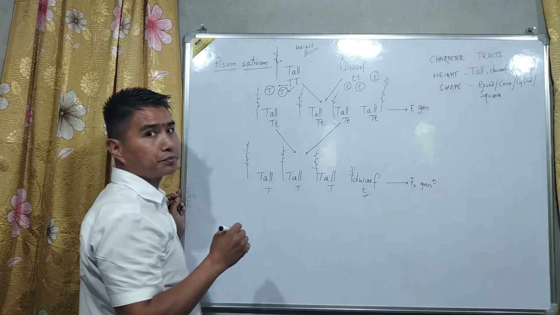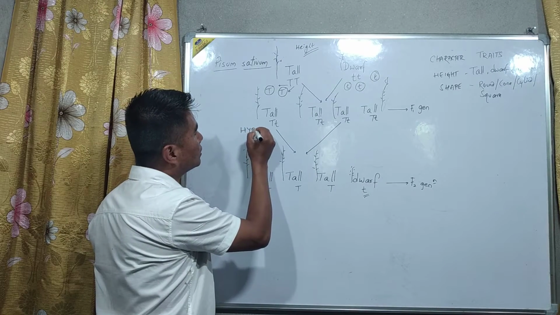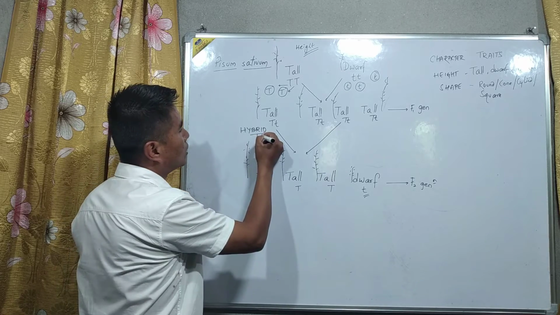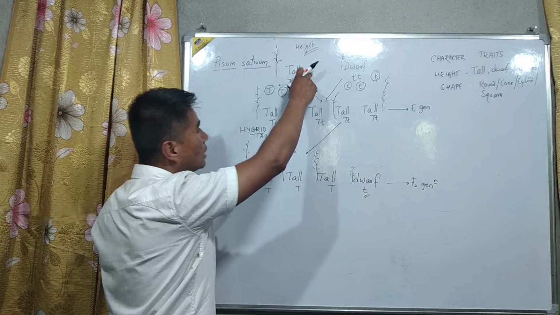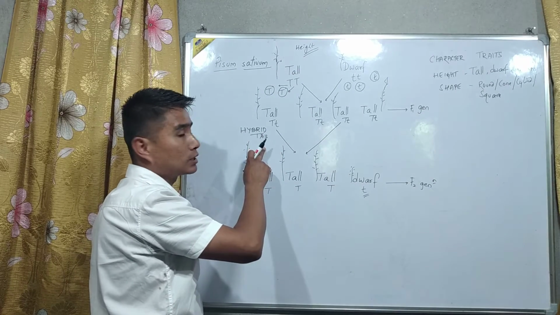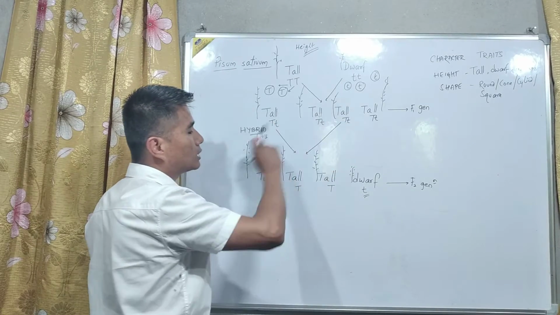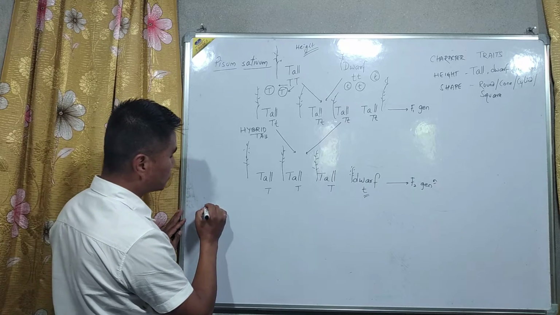So they all were hybrid tall. So parents were pure tall, and the F1 generation tall were hybrid tall. When the hybrid tall plants were crossed with each other, I can show you what was found with the help of a Punnett square.